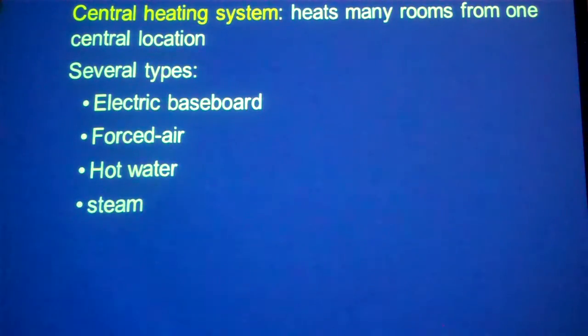Hot water and steam are used in kind of downtown city situations and older apartment buildings, where instead of pushing hot air through those pipes, it's hot water and steam that gets pushed through, and as that hot water goes through the pipes, the heat from that radiates into the room.